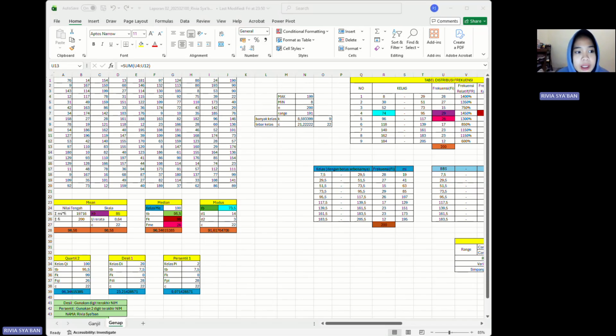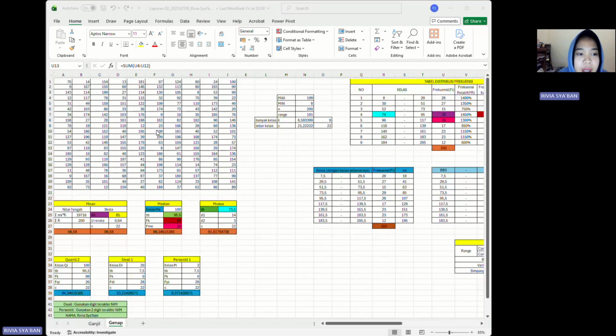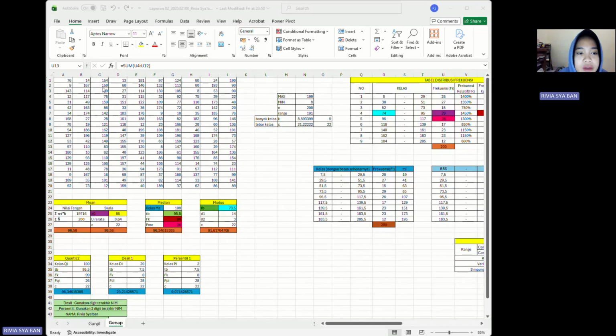We're going to learn how to transform a messy bunch of raw numbers into a clean, meaningful statistical report. We have 200 data points, and we'll break down the steps from group distribution to analyzing the curve shape.